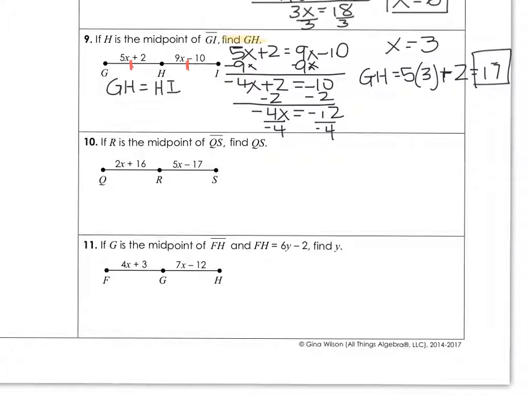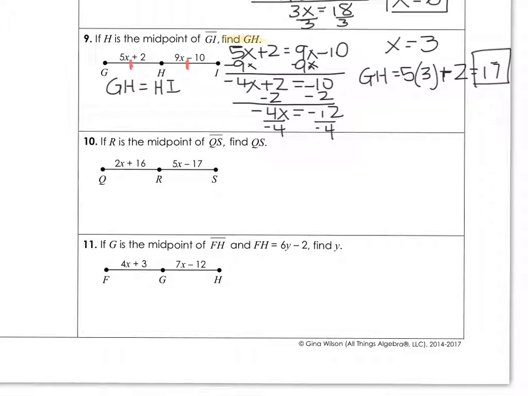Okay, let's look at the next one. R is the midpoint of QS, so I know that QR equals RS.